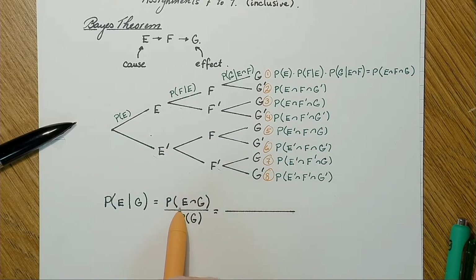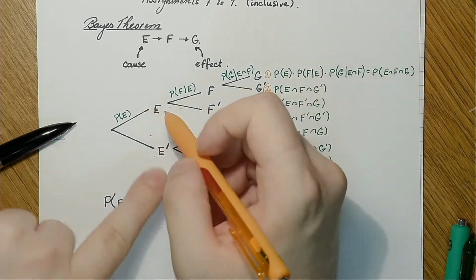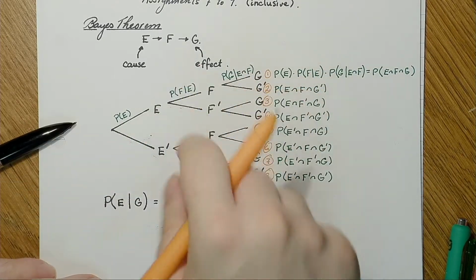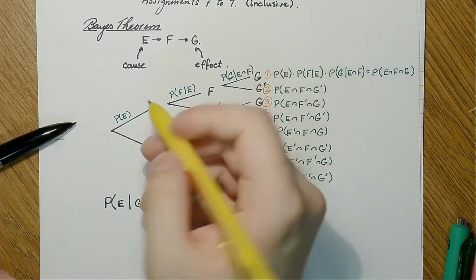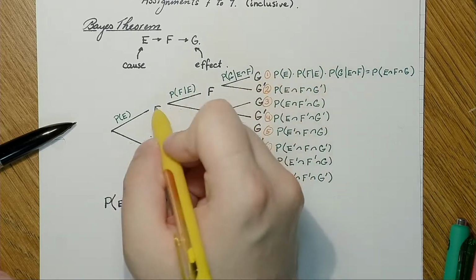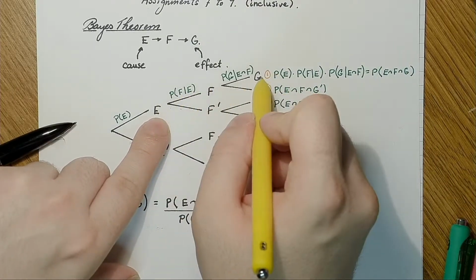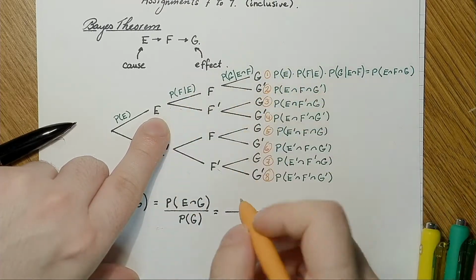So in this case, I want where the events E and G occur. Which means I look down here and need to make sure that it's E and G that are occurring. So here I'm looking for E and G. Here's E, and this is the first one: I have E, F, and G. So that's branch 1.